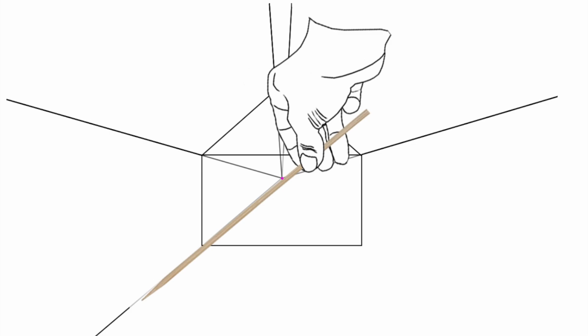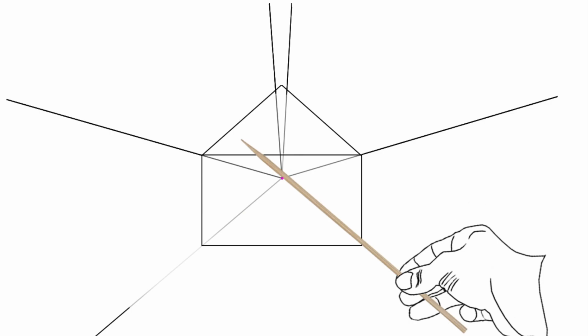And so we can use the rules of perspective to align our stick along the vanishing point, intersecting the bottom apex, and then that slope is what will create this edge right here. And we do the same thing on the right side. Okay, and then you can erase on your drawing the excess.